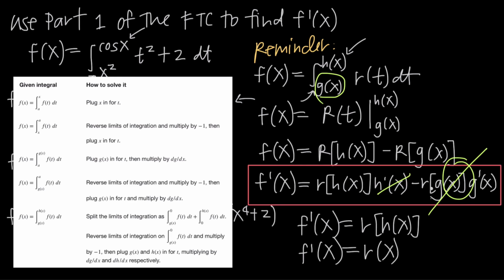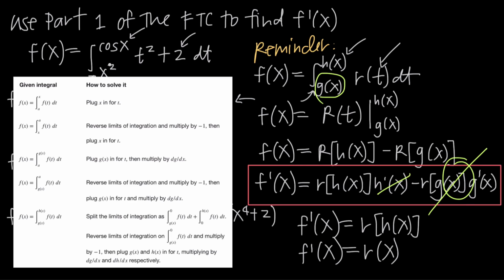And that's why in this how to solve it column, the answer is just plug x in for t, because all we have to do is take x and plug it in for t into our function here. So we'd plug x in for t, and we would end up with the derivative of f of x is x squared plus 2.